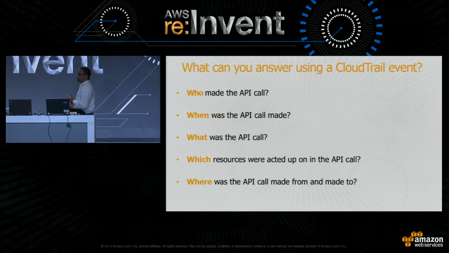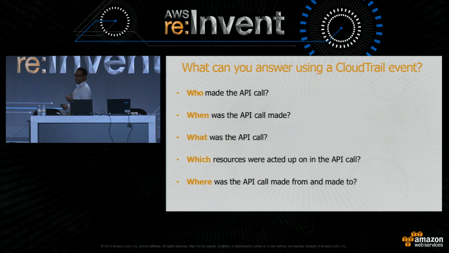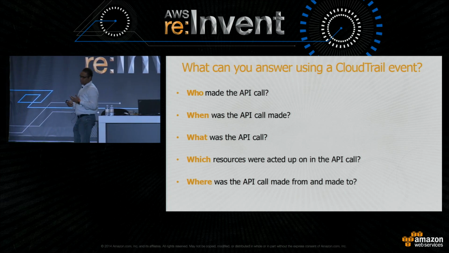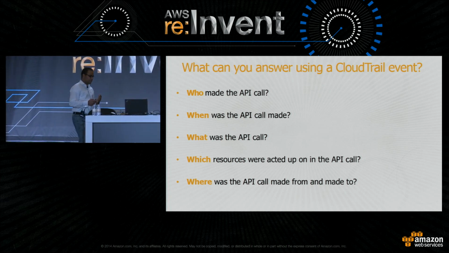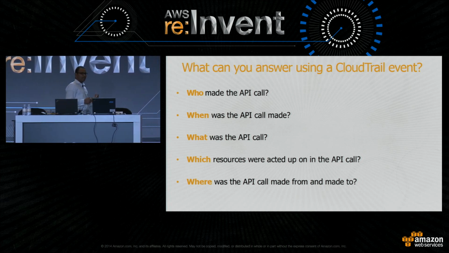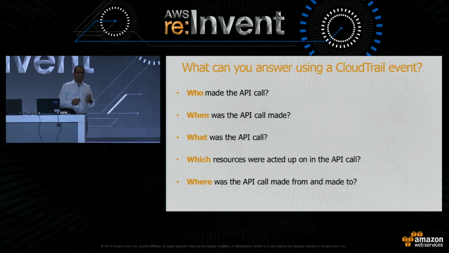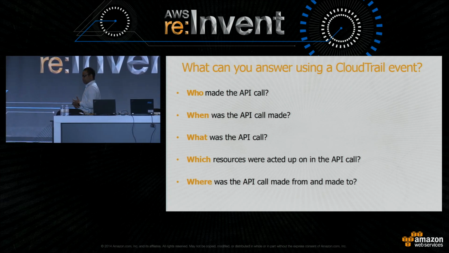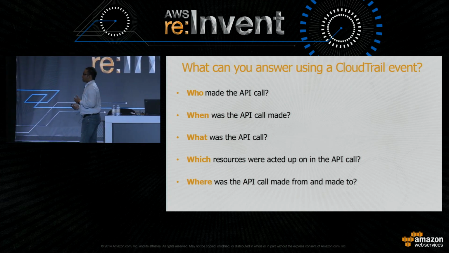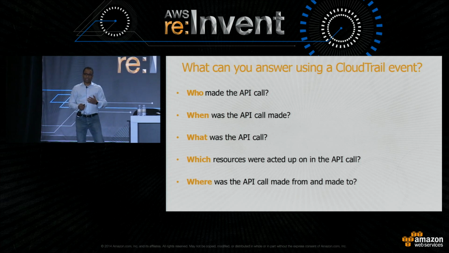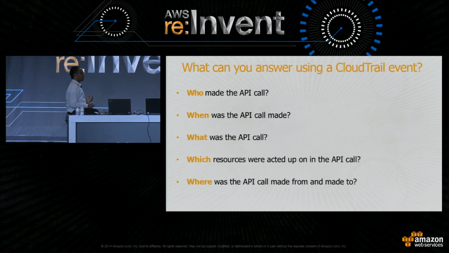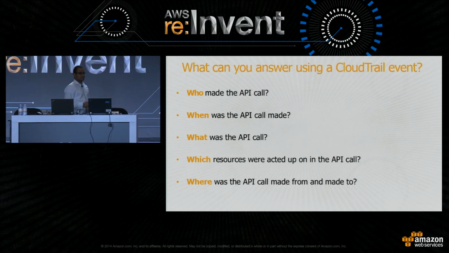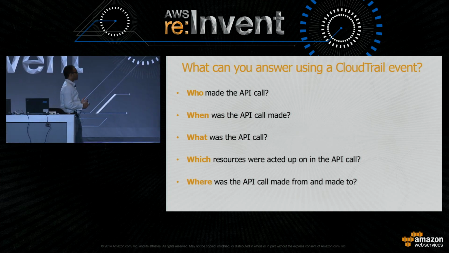Who, when, what, which, and where. These are very common words that we use in day-to-day life, but the answers to these questions are very, very impactful. So let's go through these and look at what exactly is recorded in CloudTrail events that help you answer these questions.